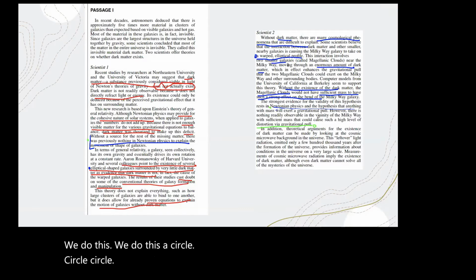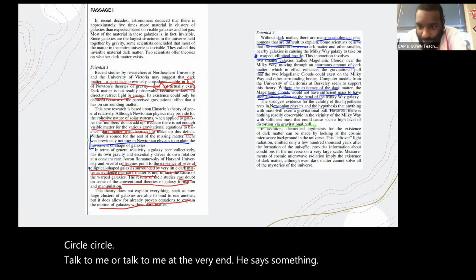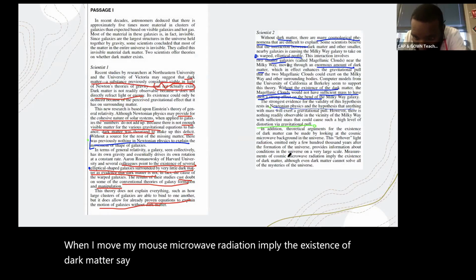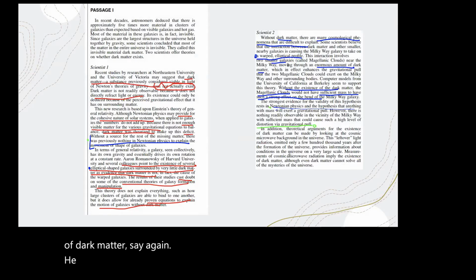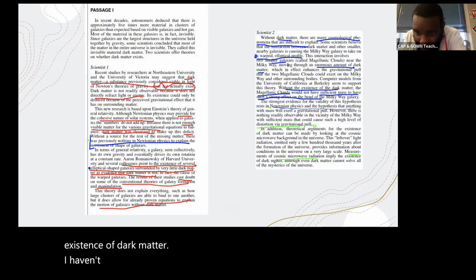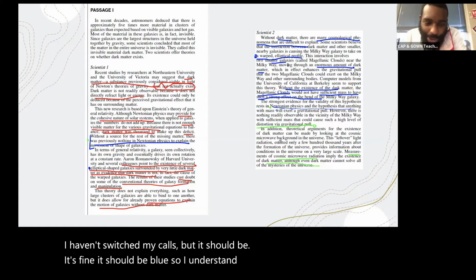All right, talk to me, y'all. At the very end, he says something. Measurements of cosmic microwave radiation imply the existence of dark matter. Say again. He says measurements of cosmic microwave radiation imply the existence of dark matter. All right, I haven't switched my colors, but it should be blue. That's why I put the little circle there.